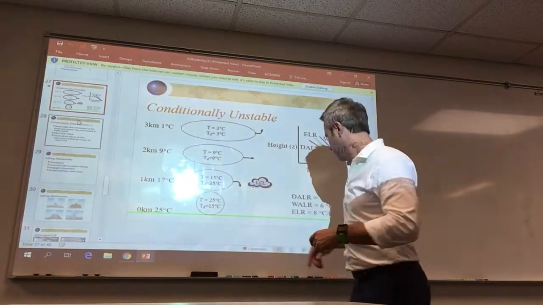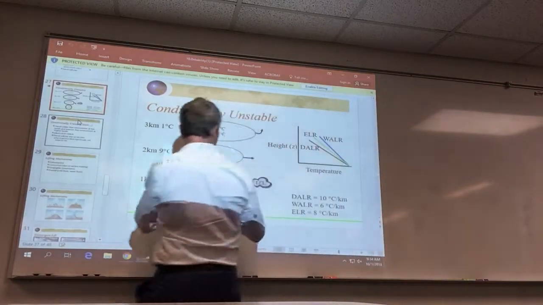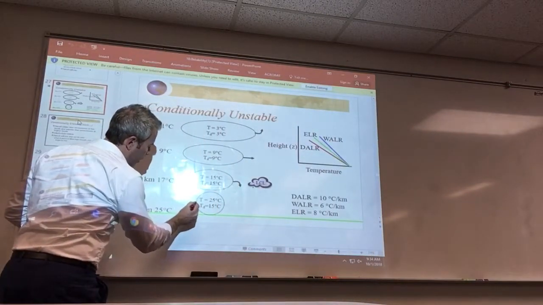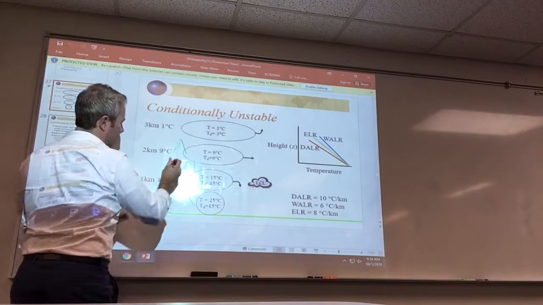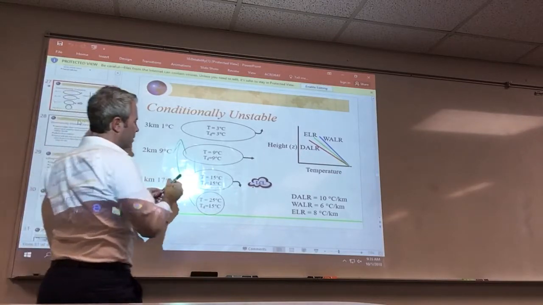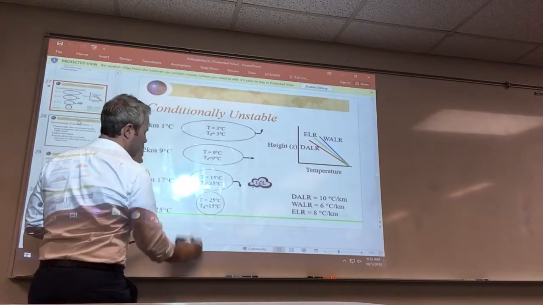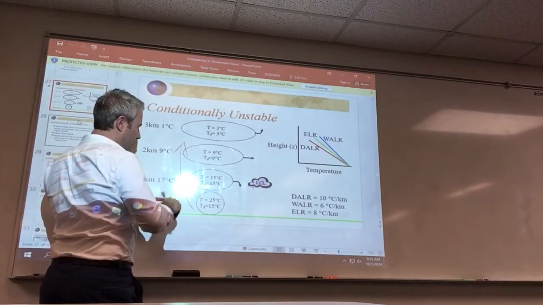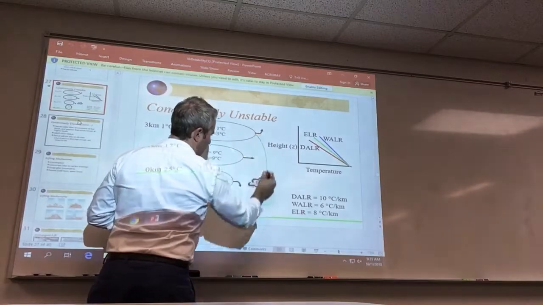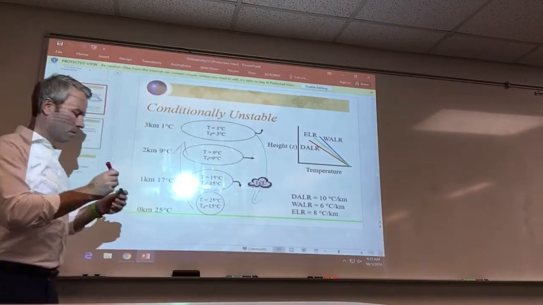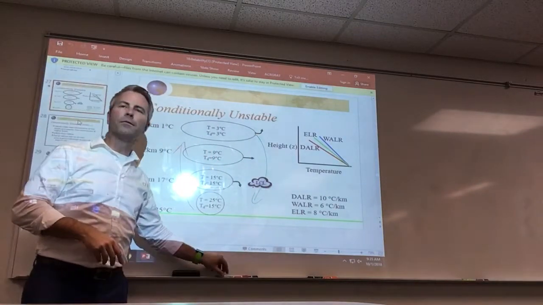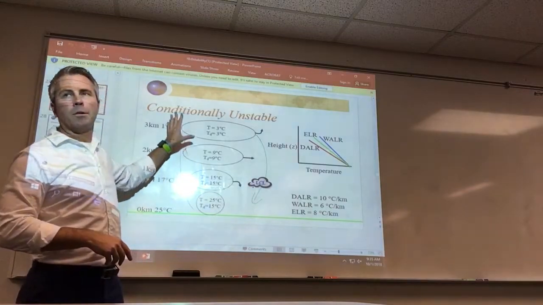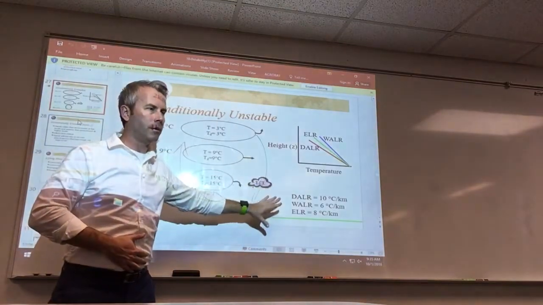So what you have is you have this environment. We have air continually rising. Actually, I did this the other way here. You have air continually rising and falling. And so throughout this environment, you're either creating an unstable environment or you're creating a stable environment.